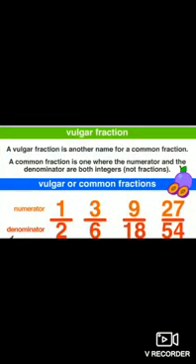Vulgar fraction. A vulgar fraction is another name for a common fraction. A common fraction means one which has numerator and denominator both integers. You can see the examples 1 by 2, 3 by 6, 9 by 18, 27 by 54.